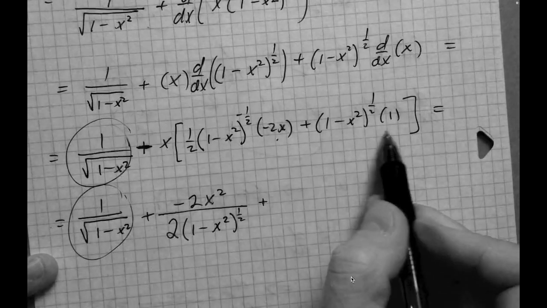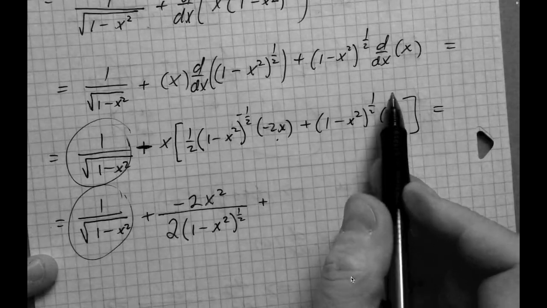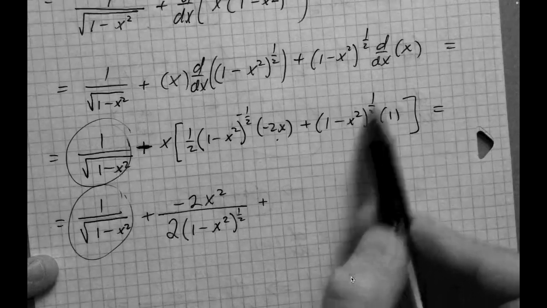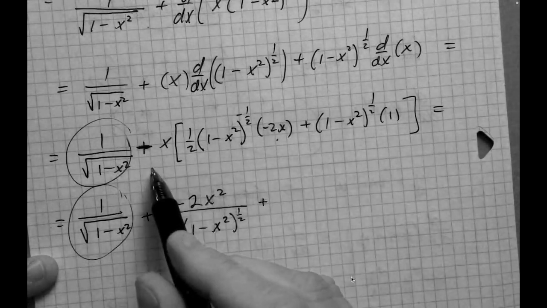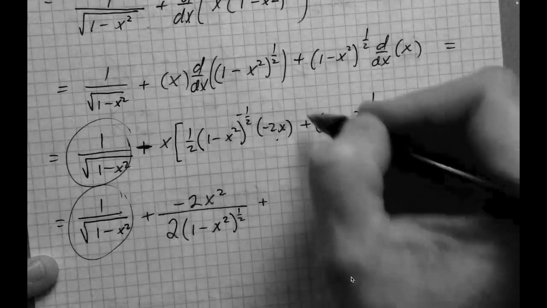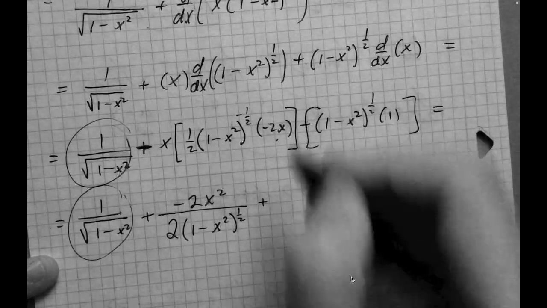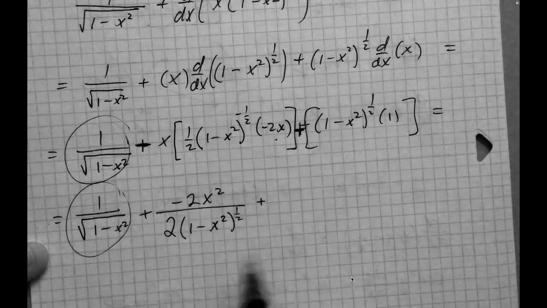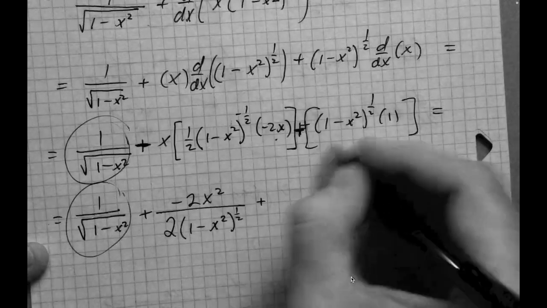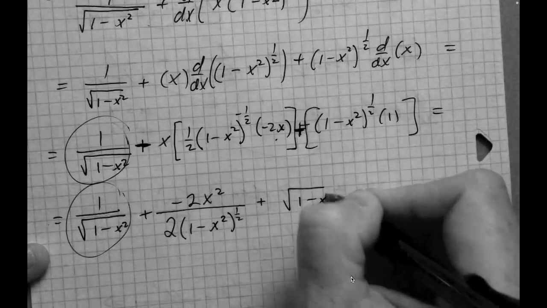And then over here you've got x over, let's see, oh yeah, sorry, that goes there. I knew I was missing something. So the x just applies to this term. Sorry about that. And then this would just be the square root of 1 minus x squared.